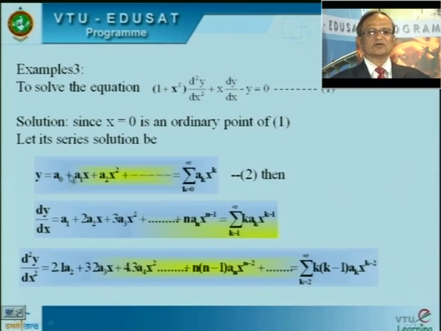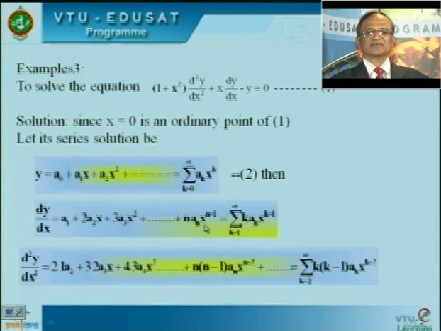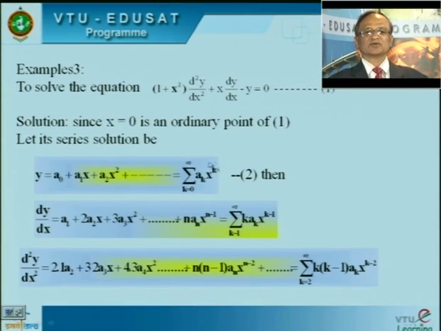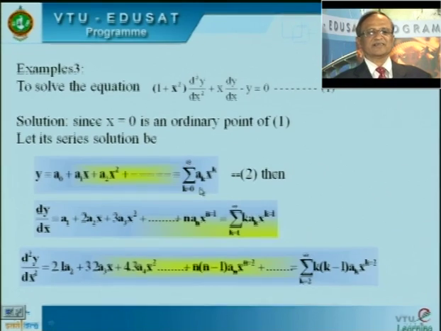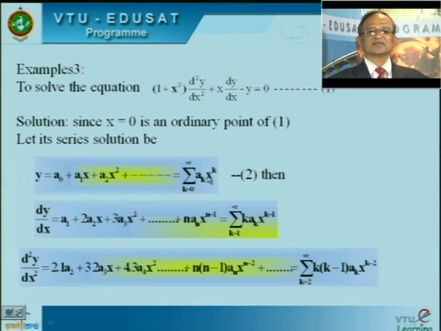The derivative of the second term a1 x with respect to x is a1. The derivative of the next term, a2 is constant, the derivative of x square is 2x, that's why I have written 2 a2 x. Similarly, the derivative of the third term and so on. The derivative of the nth term is n into an into x to the power n minus 1, that is equal to, you can write in terms of summation. While writing in terms of summation, you must take care, right, while writing dy by dx. So here I have written k is equal to 0 to infinity.